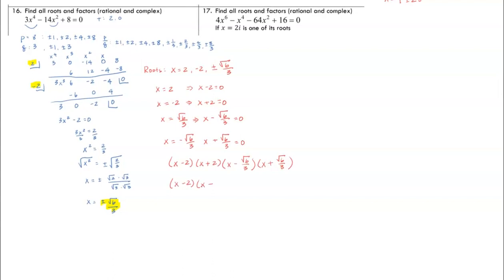And since factors involve parentheses, and there's multiplication in between the parentheses, if you wanted to just express the x minus square root of 6 over 3 and the plus or minus of that as this right here, 3x squared minus 2, I mean, isn't that a factor? Isn't it though? Yeah, it kind of is.